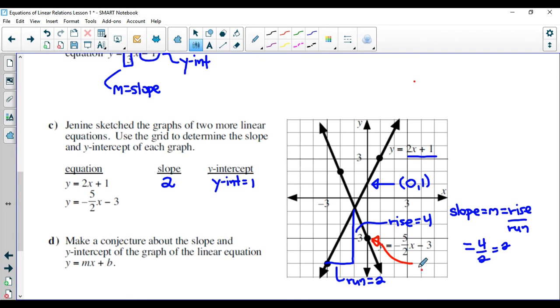Your y-intercept on this graph would be (0, -3). So we could label that here: the y-intercept of this graph is equal to -3. Now the slope, well, let's draw a slope triangle. Let's start here, go across, and go all the way up.